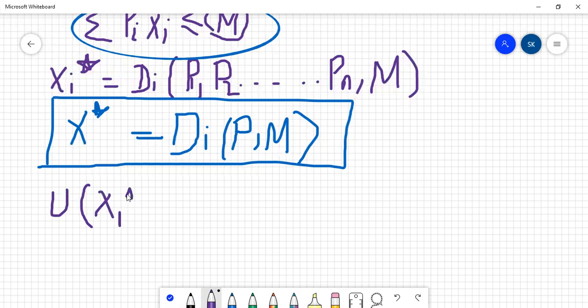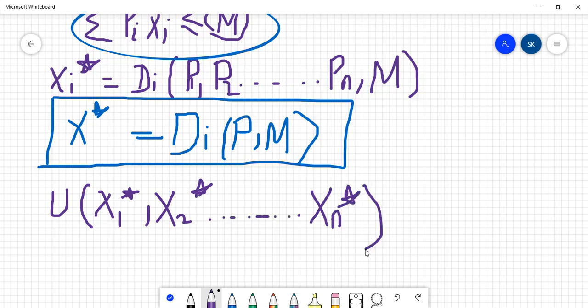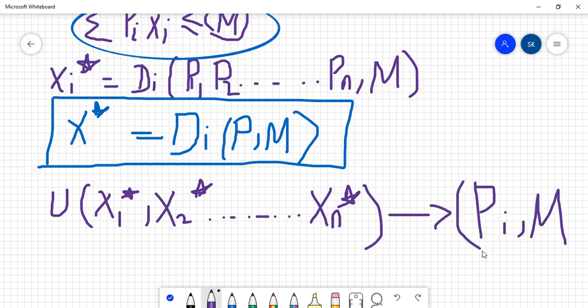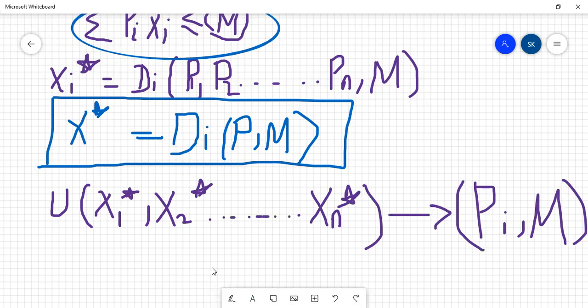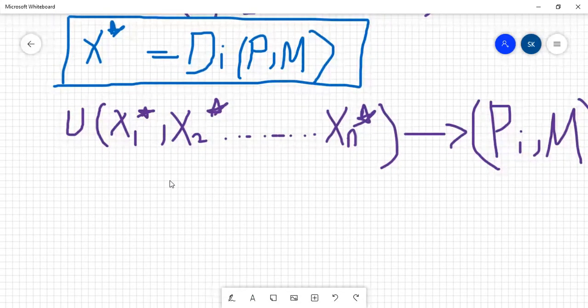That is, the good x1 he is consuming is the optimal value, the good x2 he or she is consuming is the optimal value, and it goes on to xn star. It will be a function of pi and m. You can write it in brackets, or simply like this, but you should know that this is a function of pi and m.